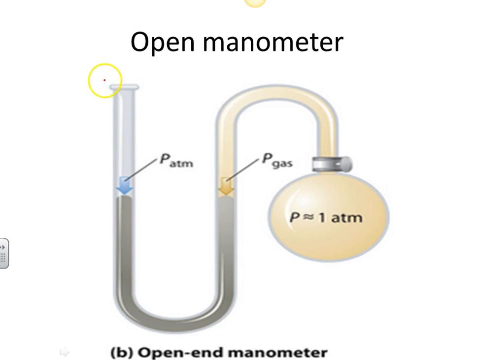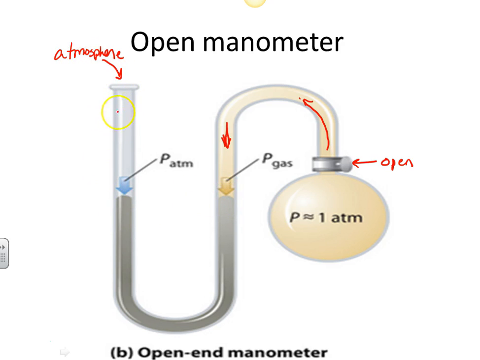the open-end manometer. In this one, the atmosphere is available on this side rather than a vacuum, and then we've got the gas over on this side. Again, we open the valve, and the gas flows until it applies a pressure on this side.